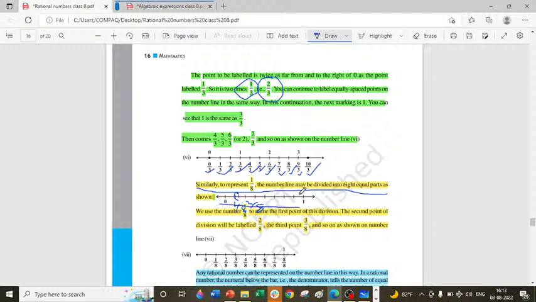And 8/8 is nothing but 1, because when we simplify 8 by 8, I mean if we divide 8 by 8, we would only get 1.